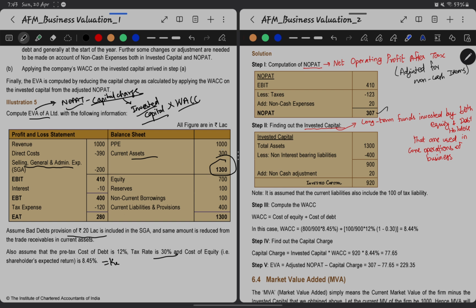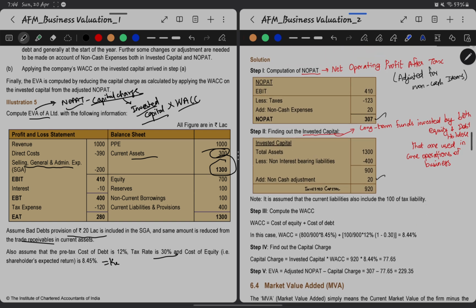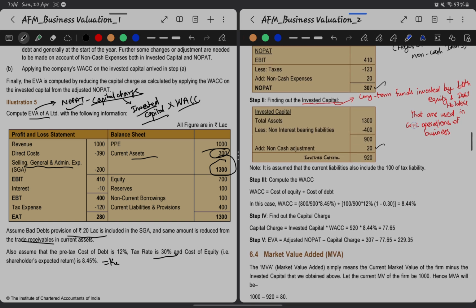As per the balance sheet, this 300 includes trade receivables also. On that this 20 was reduced, so we have to add it back to arrive at the correct invested capital. If we add back 20, then the invested capital is 920. Now we got the invested capital which is adjusted for non-cash items.